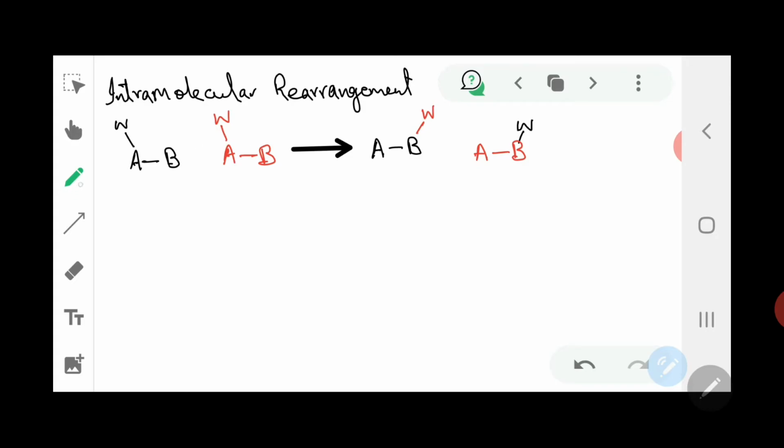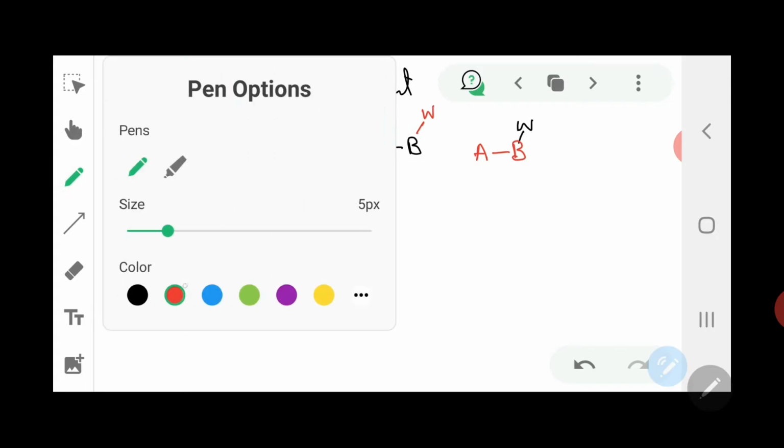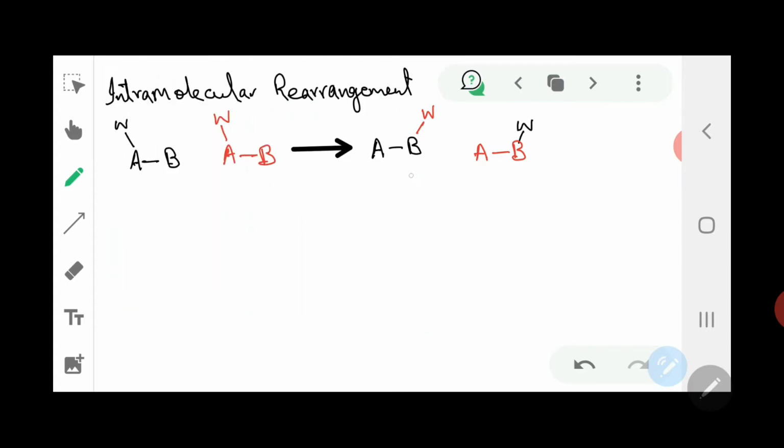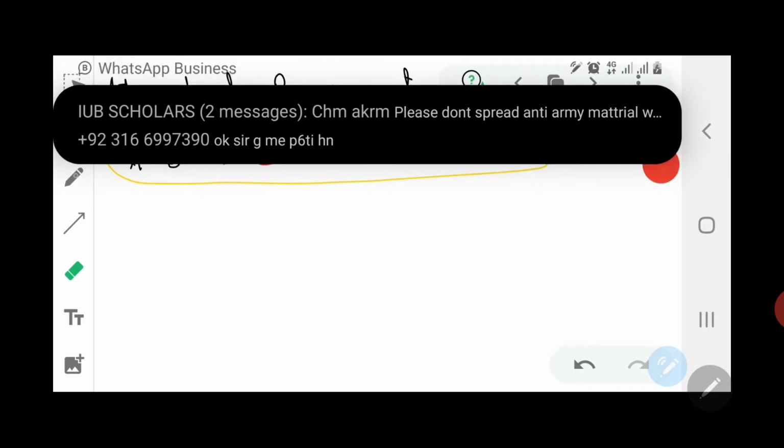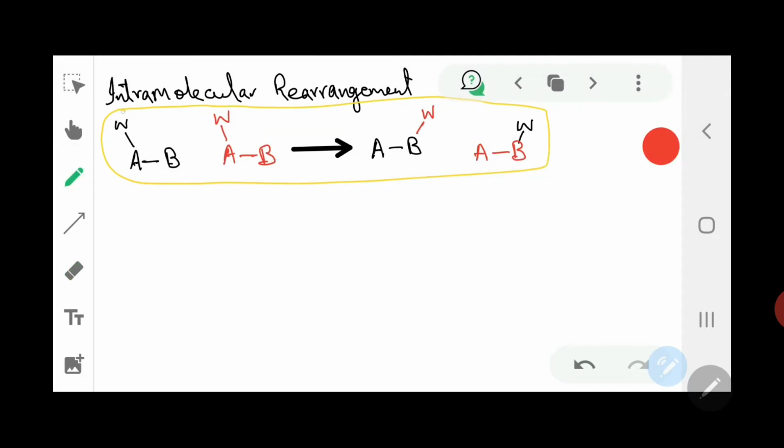Such type of rearrangement is known as intermolecular rearrangement, which is not very easy to differentiate from intramolecular rearrangement until we use radioisotopes to study such type of rearrangement. So this is our intermolecular rearrangement.